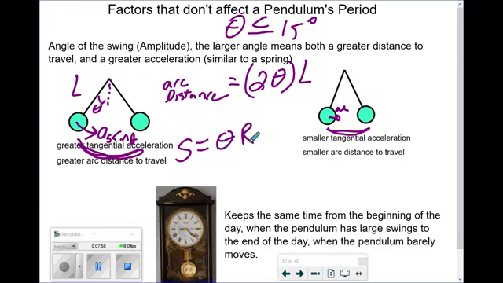That is true, but theta is the angle from radius to radius in this particular case. That's 2 times the angle that you're being pulled back at. So this theta in this equation represents a different angle than this one here. So you have to be kind of careful with that. The radius of the arc is in fact the length of the swing.